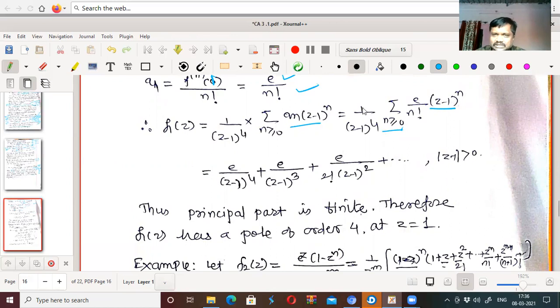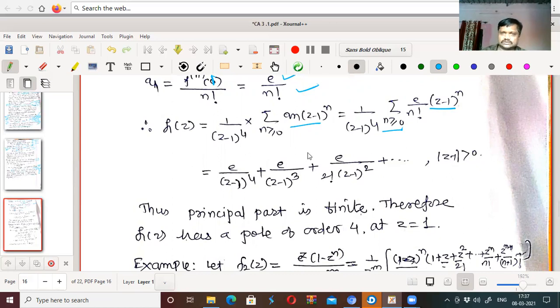So that term becomes e upon (z minus 1) to the power 4. The second term becomes e upon (z minus 1) cubed. Then the next term becomes e upon 2 factorial (z minus 1) squared. Then next will be e upon 3 factorial (z minus 1). Then next will be e upon 4 factorial.